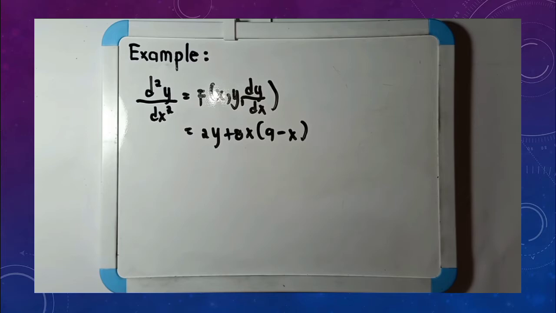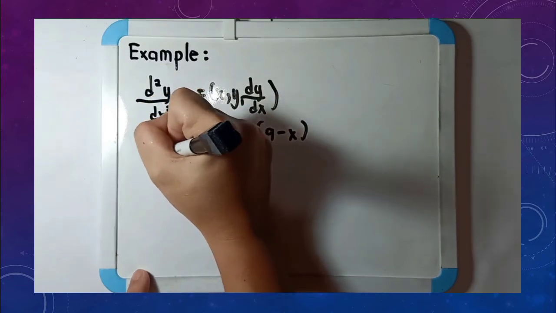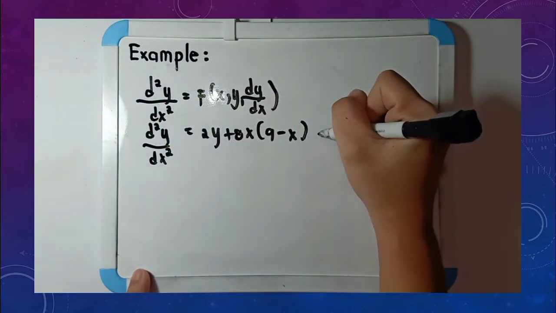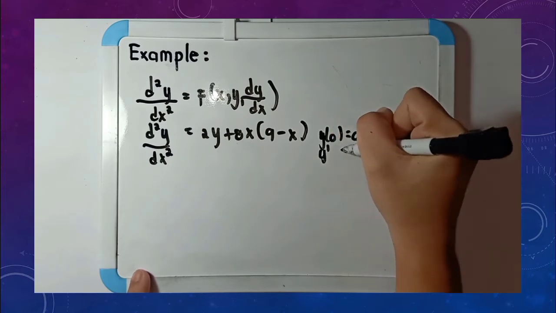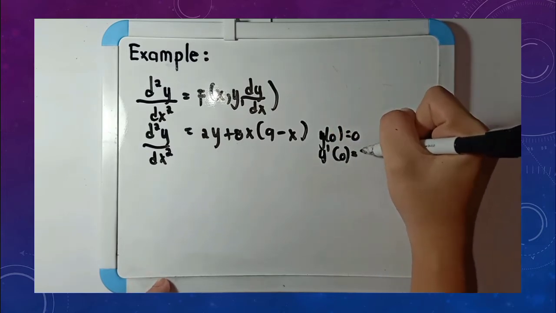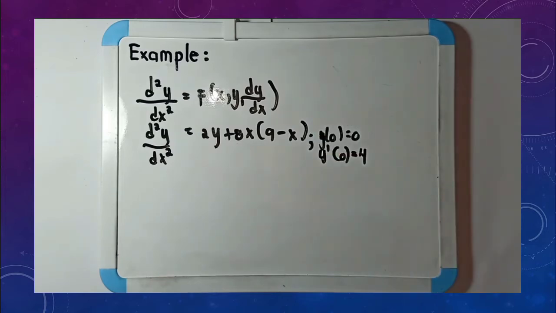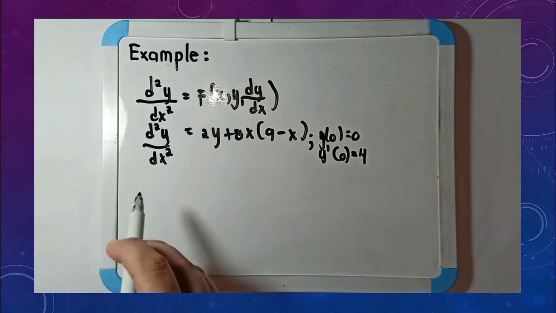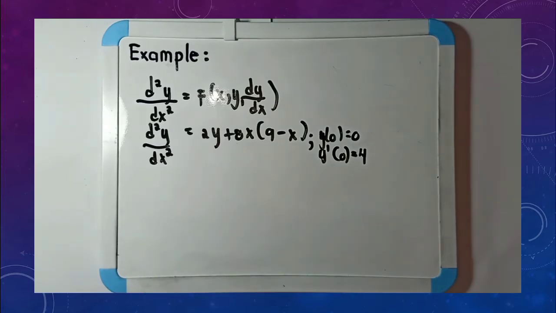So we have to reduce this second order differential equation, which is subjected to y sub 0 equal to 0 and y prime 0 equal to 4, an assumed condition. This equation must be reduced to simultaneous first order differential equations so that we can solve it.